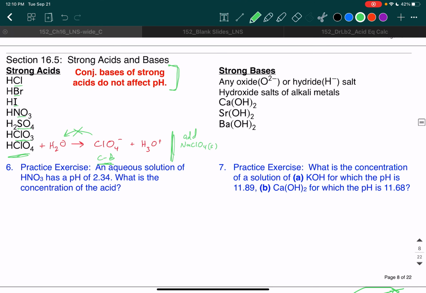It's a very, very short list of anions that don't affect the pH: chloride, bromide, nitrate, and hydrogen sulfate, which is a little tricky. It's not basic, I know that. And then the other two are chlorate and perchlorate. Phosphate is not on that list. Phosphate is going to act as a base.